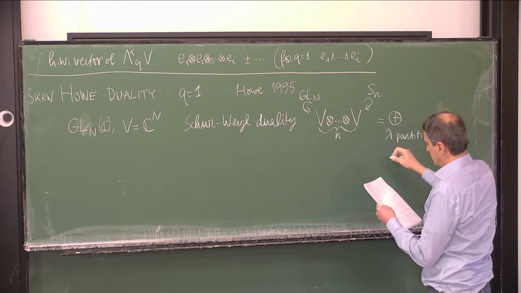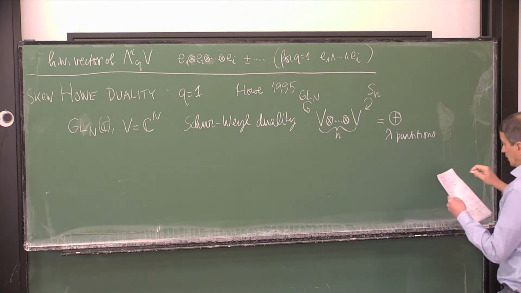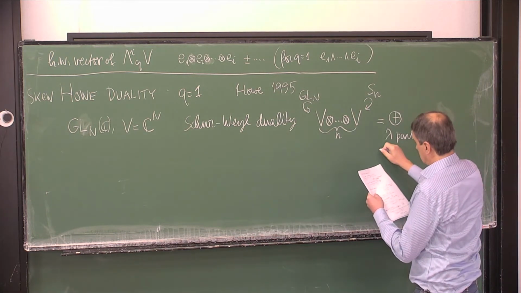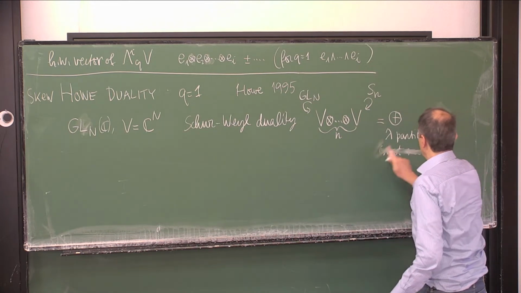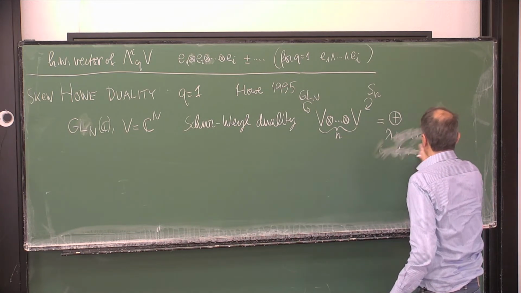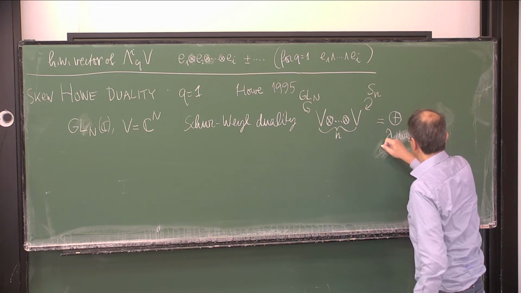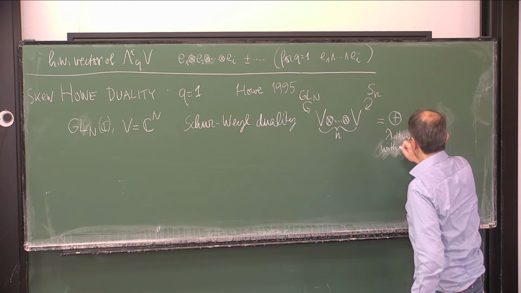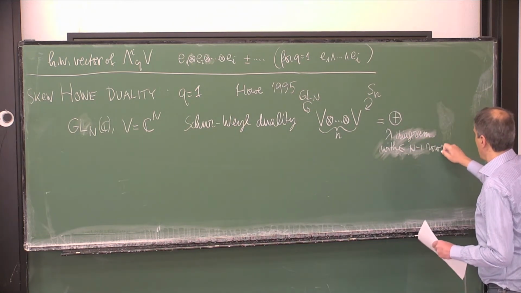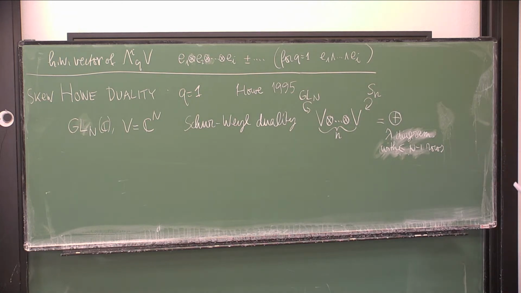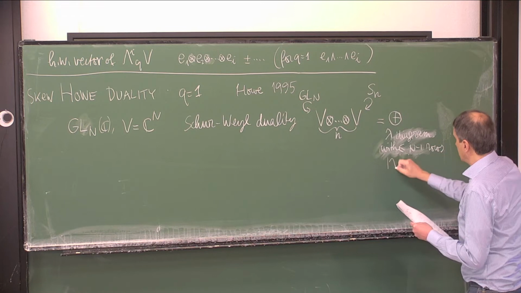So you have here the partitions with at most n rows. So maybe I will write diagrams, it's more intuitive. Diagrams with at most n rows and n boxes.